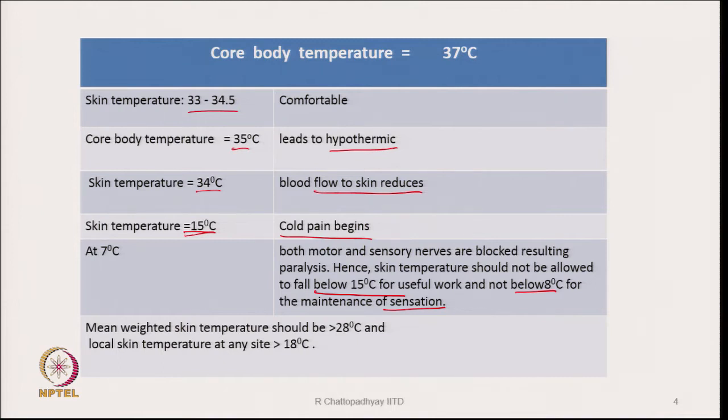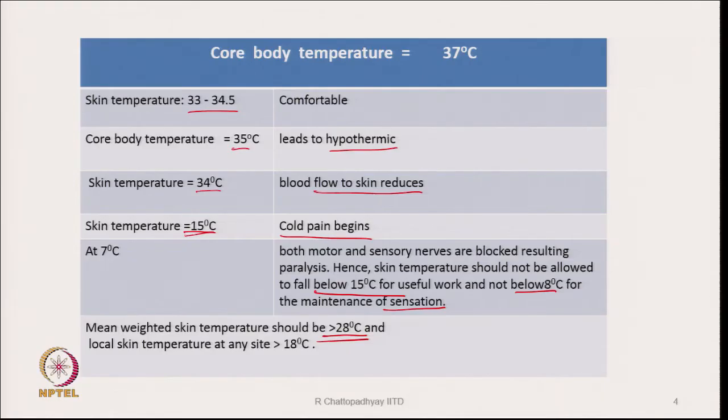Now, mean weighted skin temperature should be greater than 28 degrees centigrade. If we measure, the skin temperature is not exactly the same throughout our body. At different places this temperature may be different to some extent.